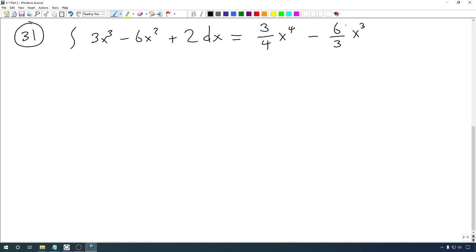And we can go ahead and actually simplify that. Let's write it out as a new line. We'll simplify that down to a 2. Next, the plus 2 here. Remember, when we have a constant, we just end up multiplying that by x. And then don't forget the plus c at the end.